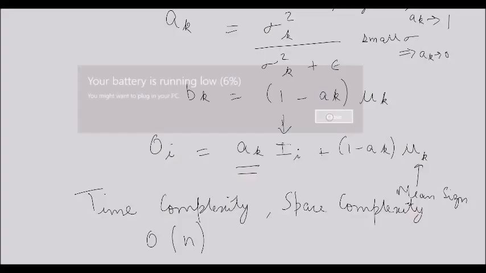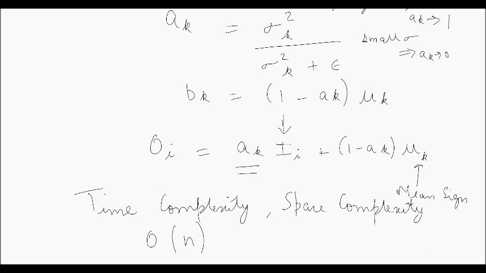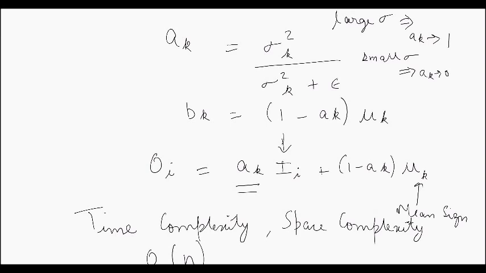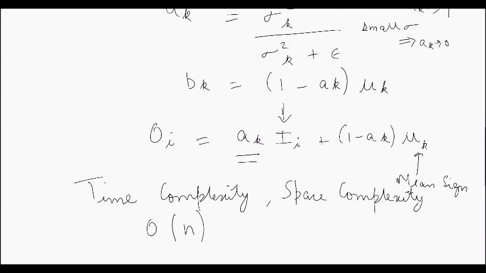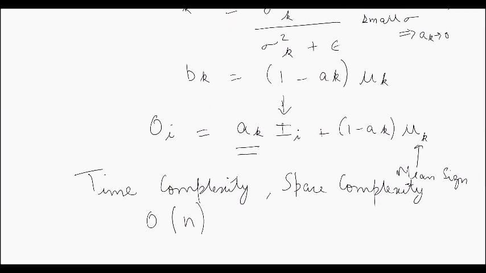What this essentially does is it blurs the image out, but it blurs it based on the constant A. And as we see, the constant A is basically dependent on the local variance at a given point. So it's doing variance based blurring, which can be useful in image denoising.